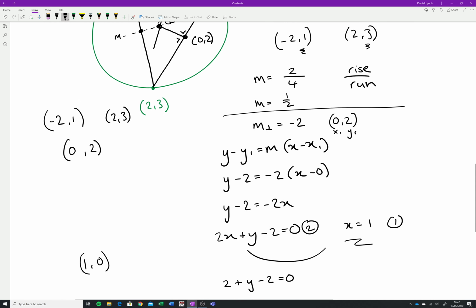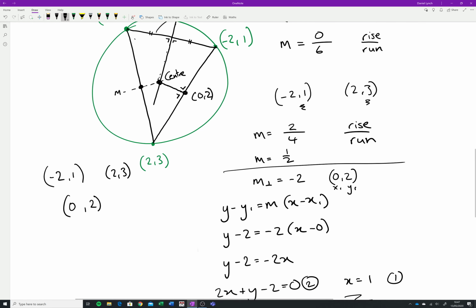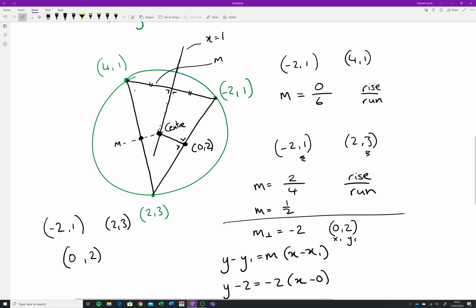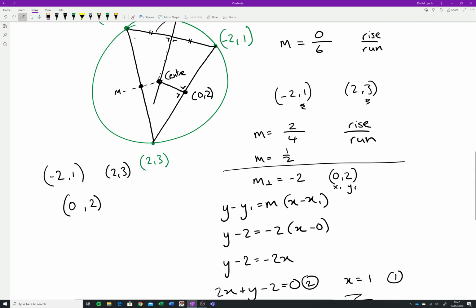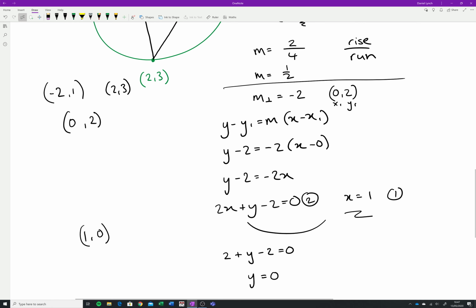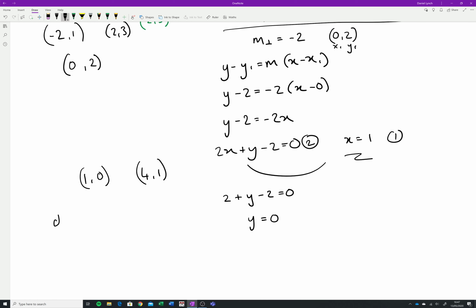Okay. We'll also be able to get the radius, because if you have the center 1, 0 and you want to get the radius, we'll say 4, 1. We'll just get the distance between them. Let's just use the formula. We haven't used it in a while. x1 y1 x2 y2. So it's the square root of x2 minus x1 squared plus y2 minus y1 squared.